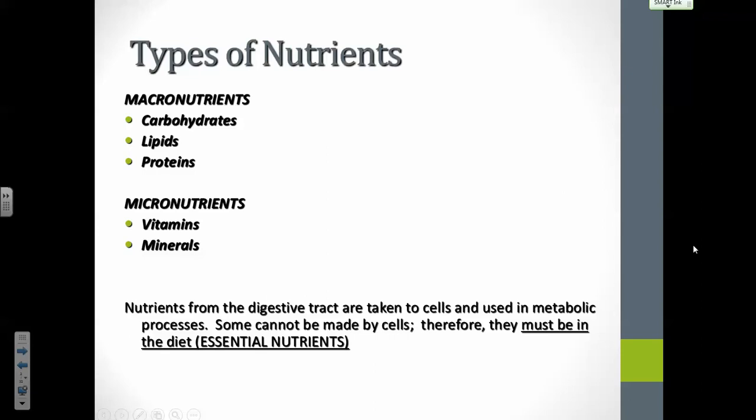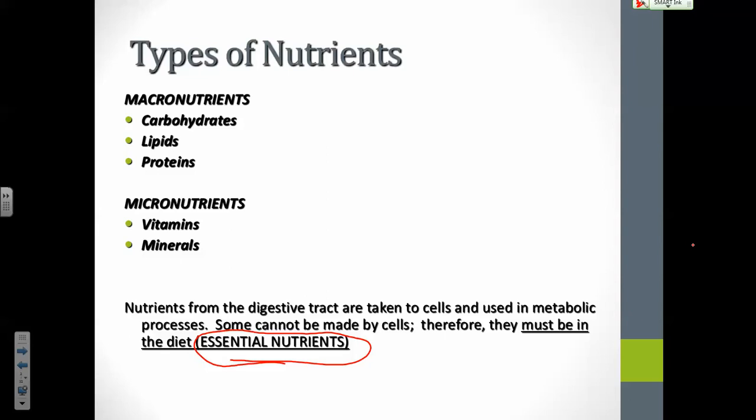As we go through this chapter, you're going to hear me use the term essential nutrients. What that means is you must have those in the foods that you eat.